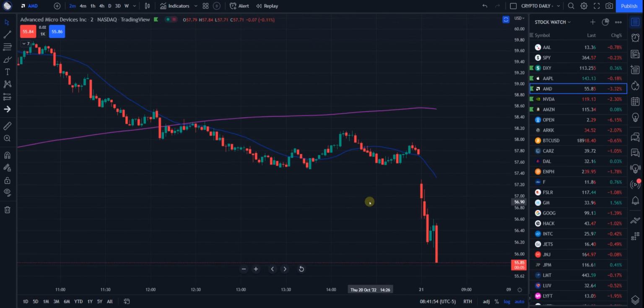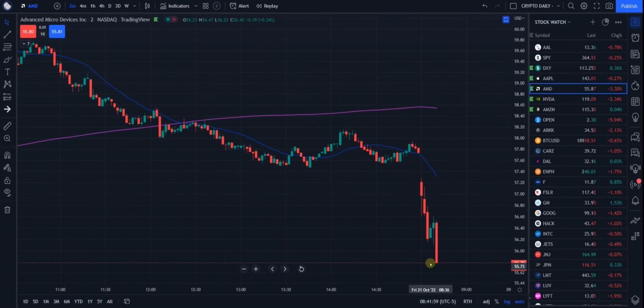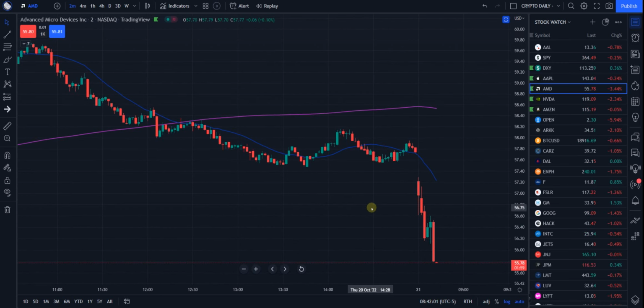How we were looking to do that is, like I was saying, this big red candle, if you connect them all together to the downside, we're going to see if we can't catch a little pop to the upside, and then either short it, depending on where it comes up.